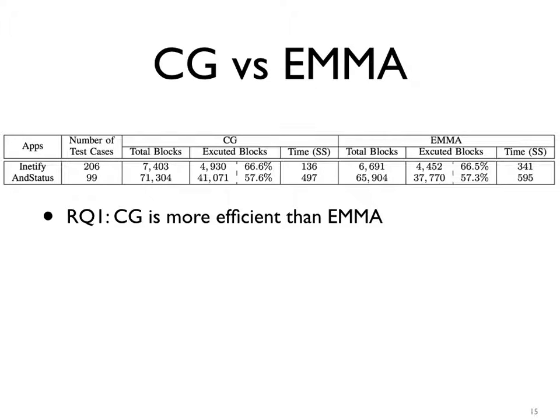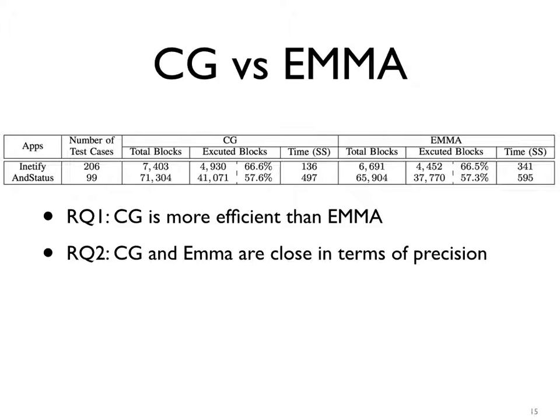For RQ1, we found that for Identify, EMMA took 341 seconds to get the coverage information for each test case in the test suite, while SEKE only took 136 seconds, which is more than 60% reduction in time cost. For EndStatus, the reduction is not that much, but SEKE is still more efficient than EMMA.